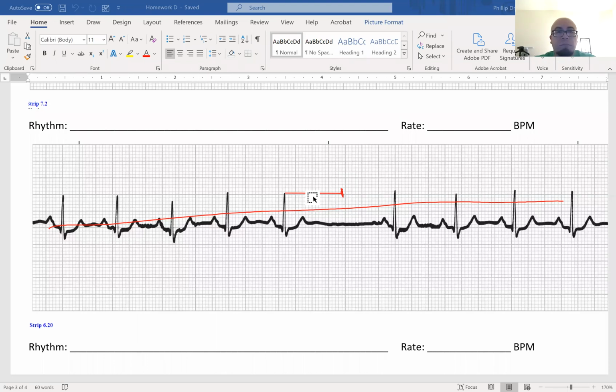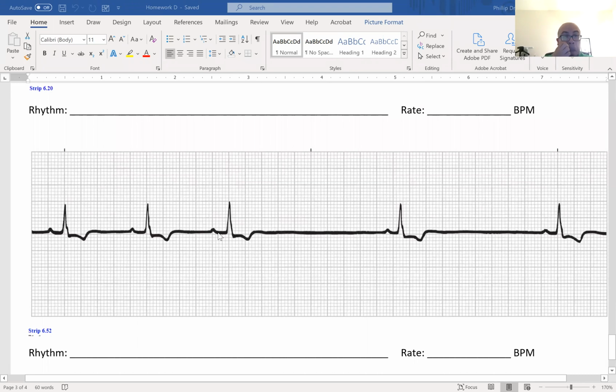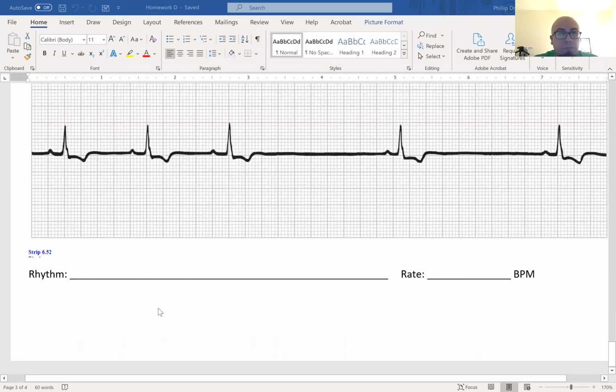Nope, sinus arrest. Sinus arrest. All right. Like I said, ignore that one. Just got myself a little bit curious. Okay. We didn't talk about this one, I don't believe. This one here actually was a sinus, more sinus arrests. So we'll skip this one also.